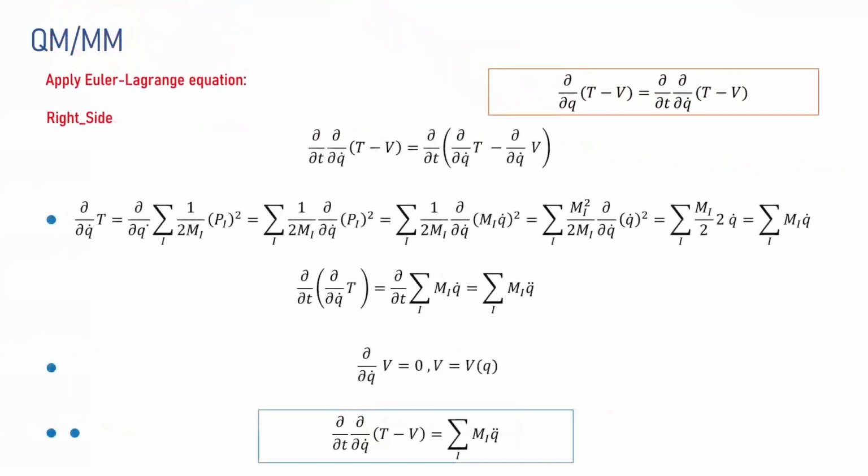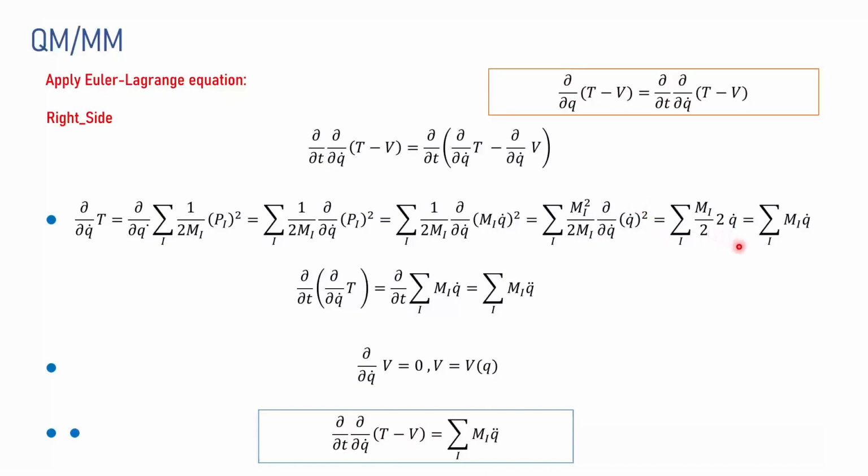And if we look at the right hand side, we will apply the derivative of the time and the derivative of the velocity to the kinetic energy and to the potential energy. We will start from the kinetic energy here. We will add d over dq dot inside the sum as we did before, and we will write the p i as the mass times the velocity, and here we will have dq dot squared over dq dot, which is 2q dot.